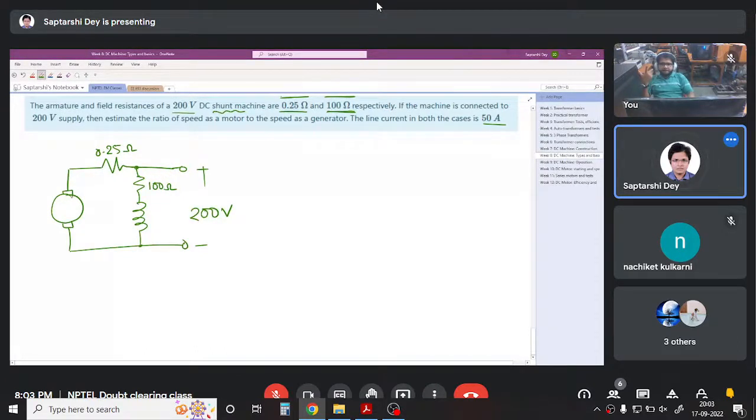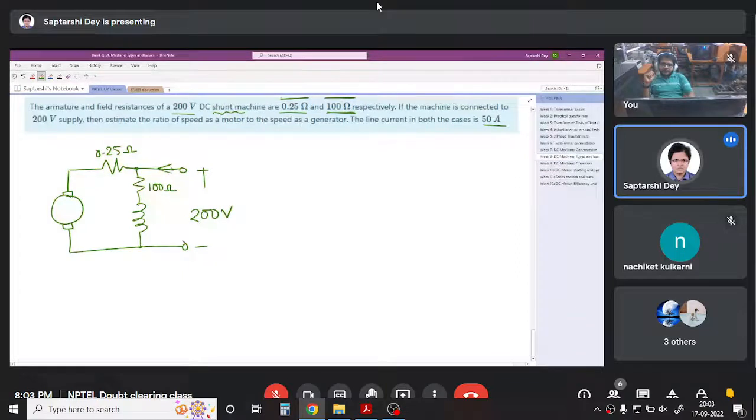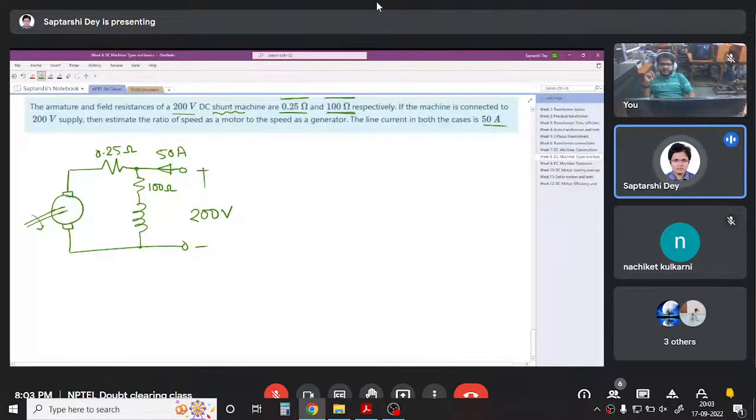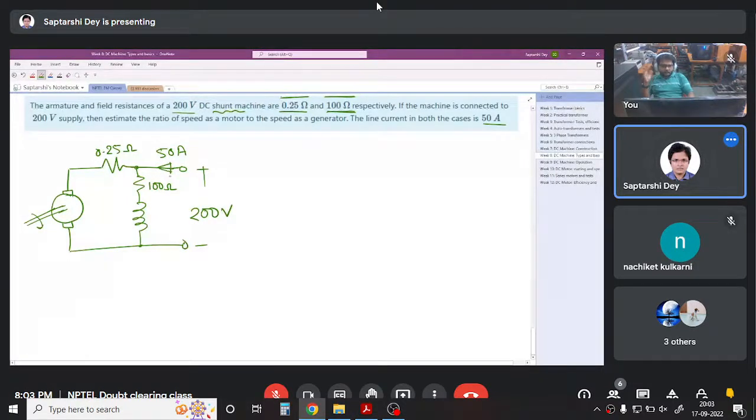That is, there is some load connected to this, and the load is adjusted such that it draws 50 ampere current from here. In the other case, it is generating. That is, the torque here is adjusted such that it feeds a 50 ampere current to the system.